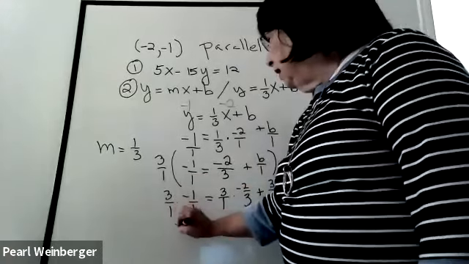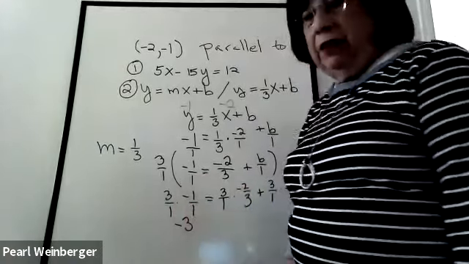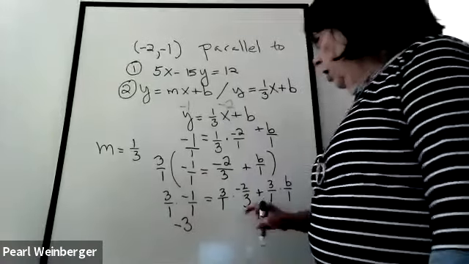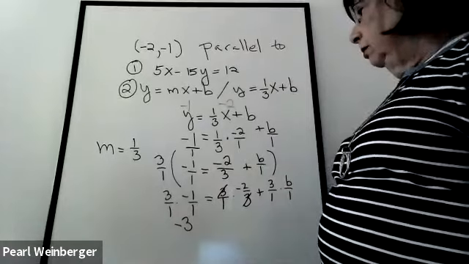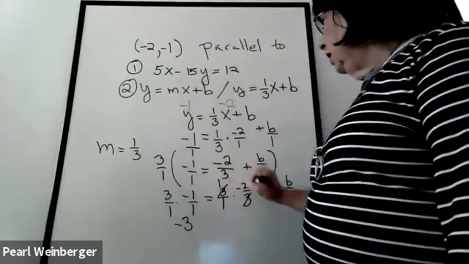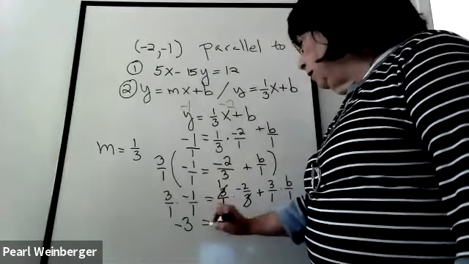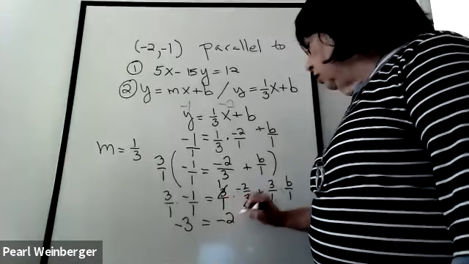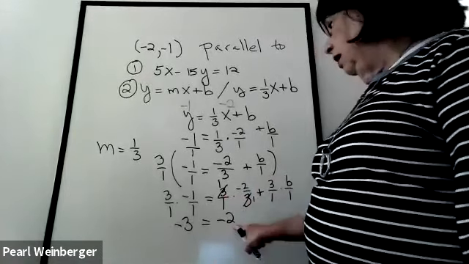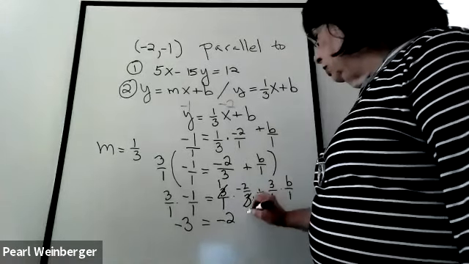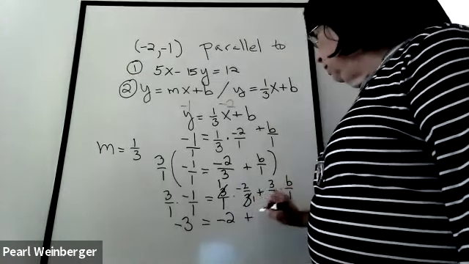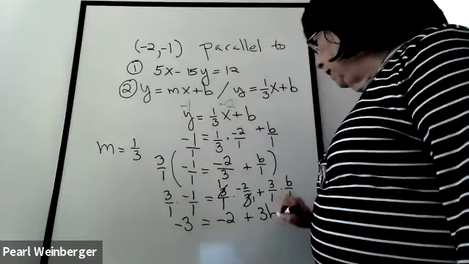That gives me -3 over 1, which is just -3. Over here, the 3's cancel out. And I have 1 times -2, so that equals -2 over 1, which is just -2. And over here, that's just 3 times b, so that gives me 3b.